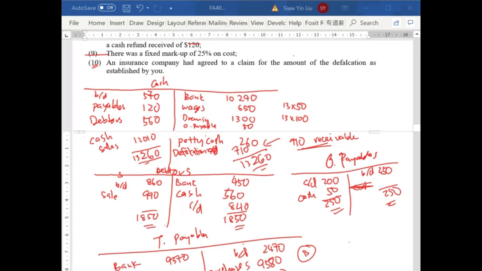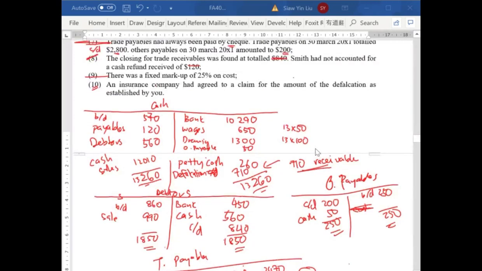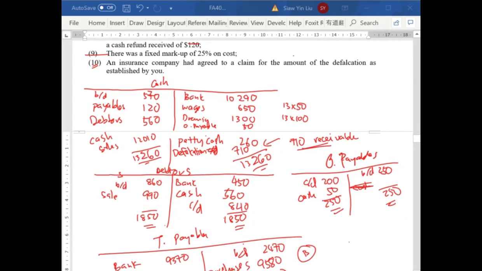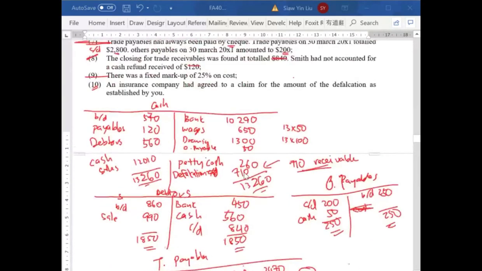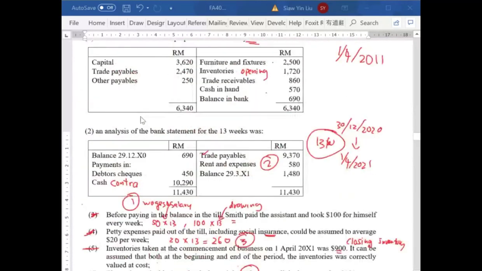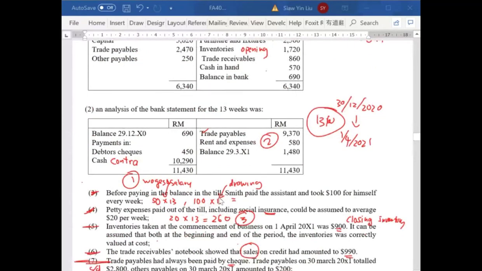Next you will have your inventory, trade receivables, this 710 receivable and bank account. Then capital: opening capital you have here, plus current year profit, minus the drawings, this drawing 1,003.